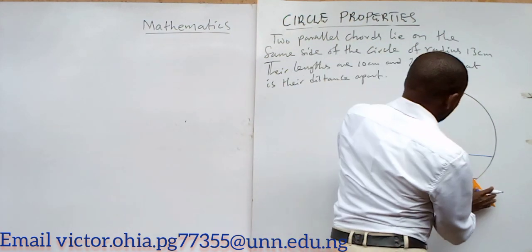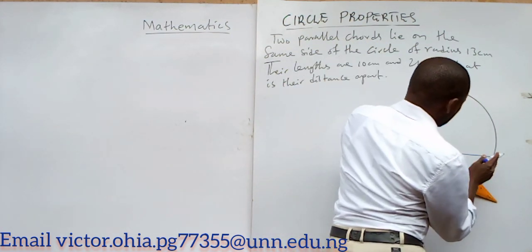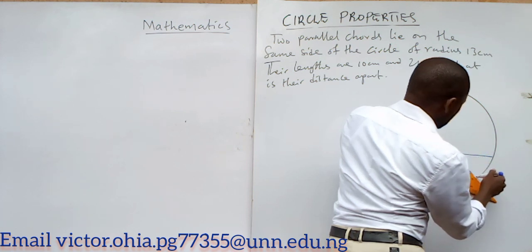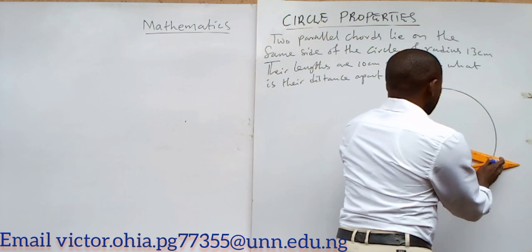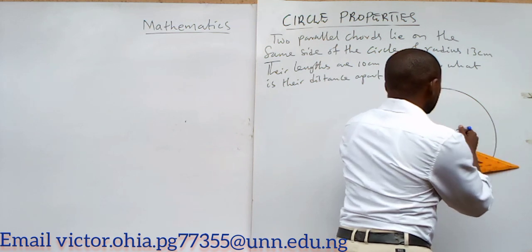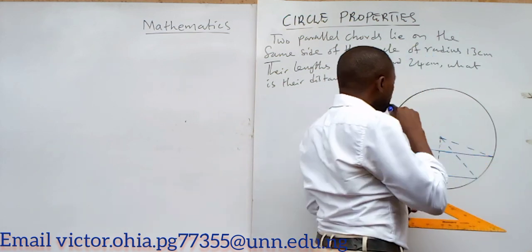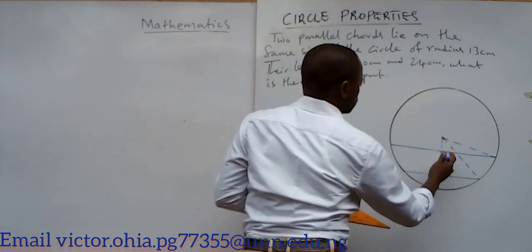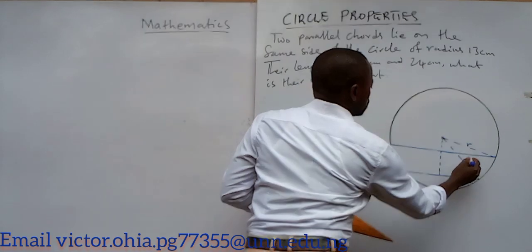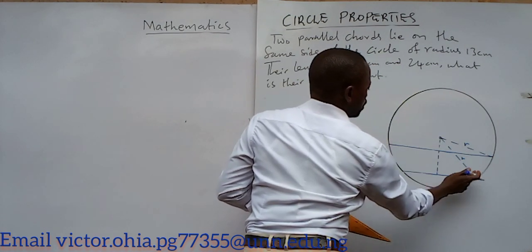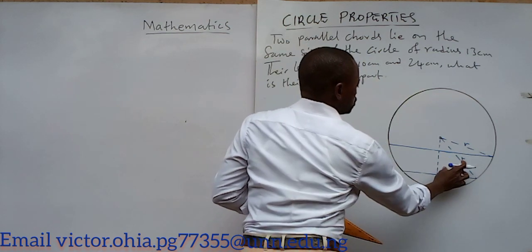With that, we take note that these are right angled triangles. This is a radius, this is another radius, touching the center and the circumference.